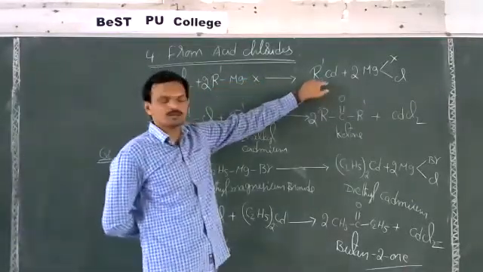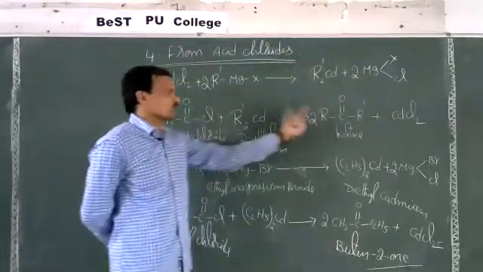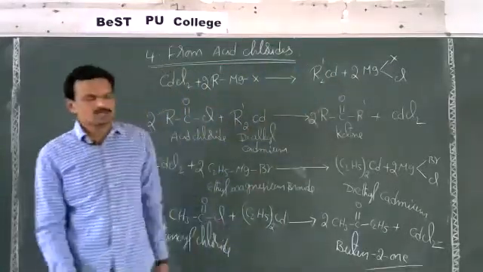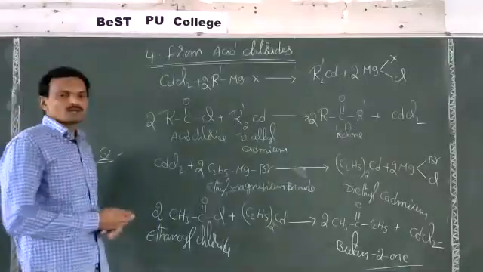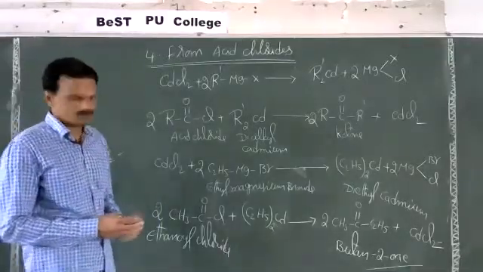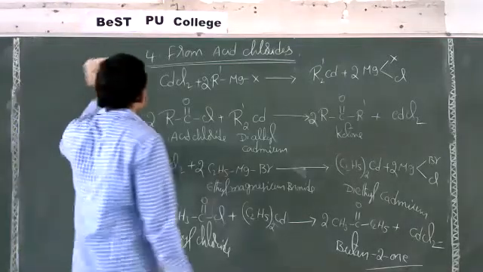You can get dialkyl cadmium here, and this reacts with acid chloride to produce a ketone. So this is the preparation of ketones from acid chlorides. Fourth preparation. So from acid chlorides we can produce both aldehydes as well as ketones.